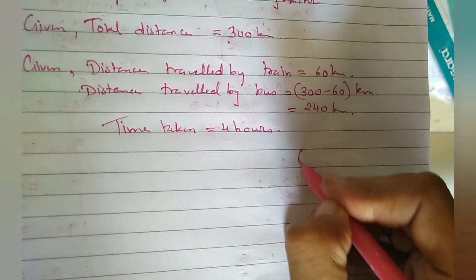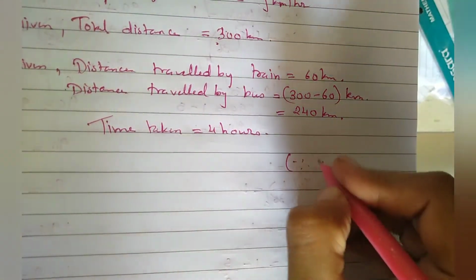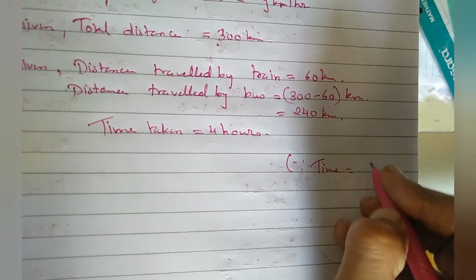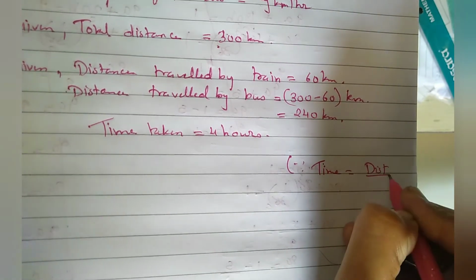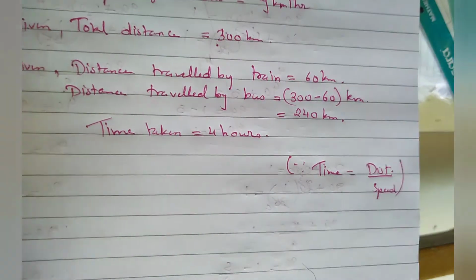Now we know one formula, that is time equal to distance upon speed. Okay, this formula we know.